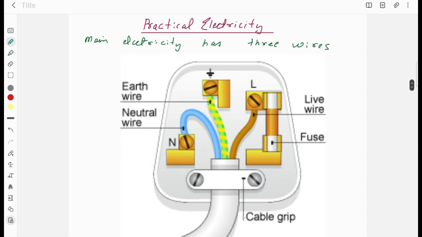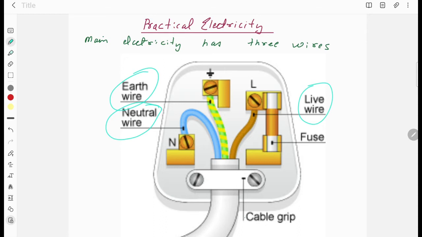Then we come to practical electricity. In our household, main electricity has 3 wires. Live wire is brown in color, neutral wire is blue in color, and earth wire is yellow-green.